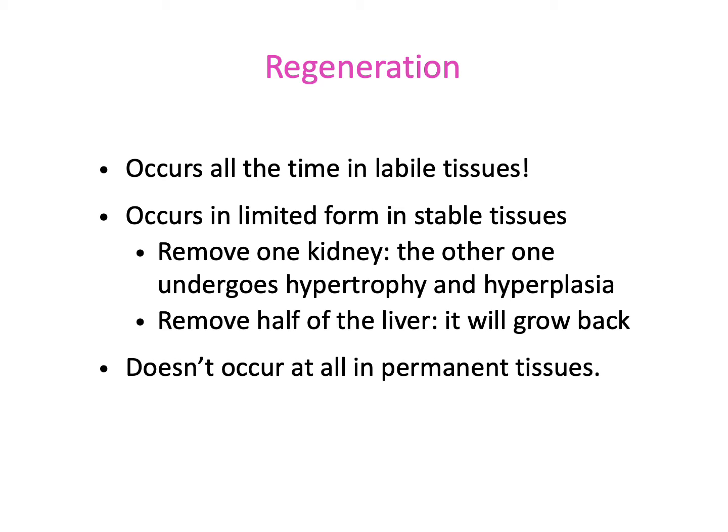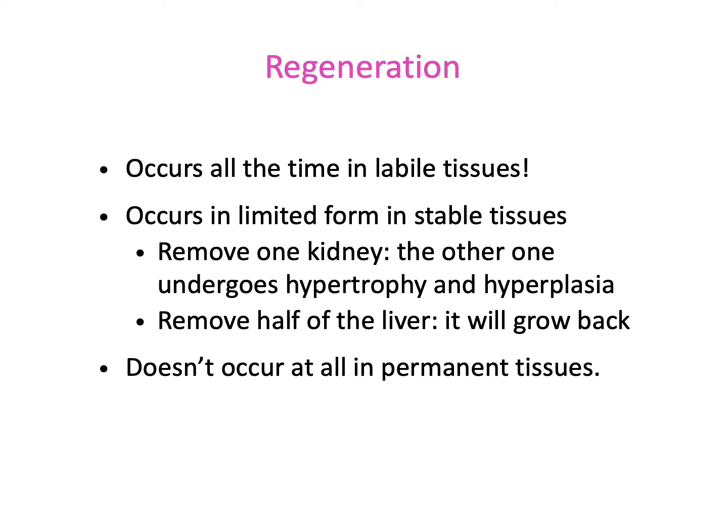And the liver actually has a pretty strong regenerative capacity. If you take out half of the liver, the rest of the liver will get bigger. The liver doesn't grow back to its normal structure exactly, the same exact lobe structure.